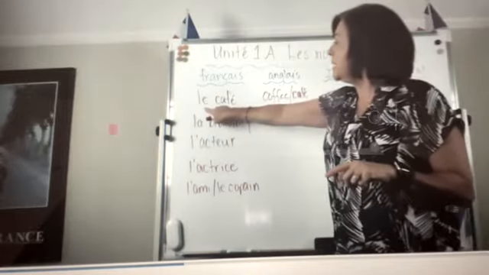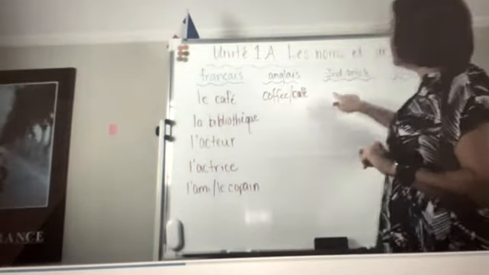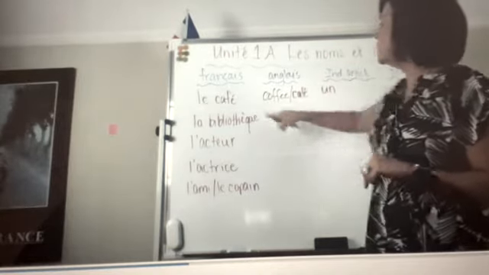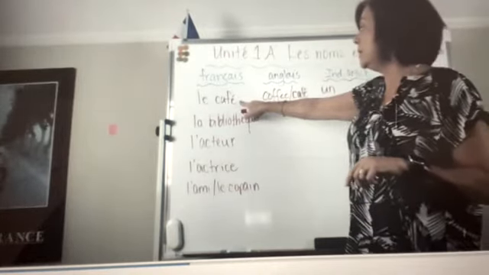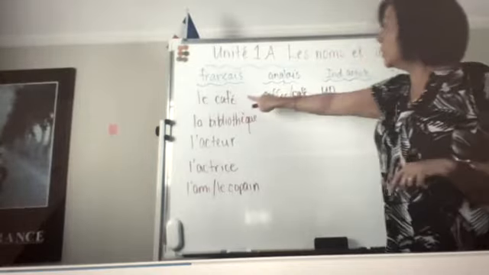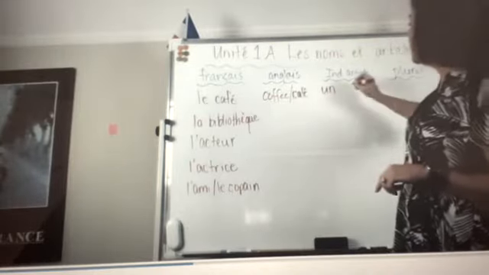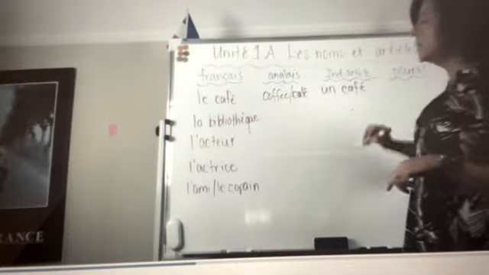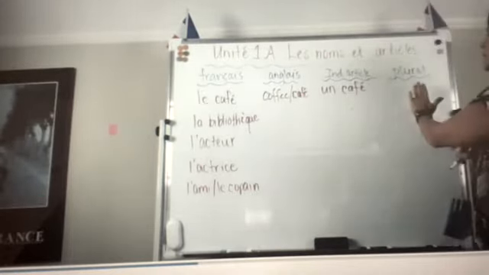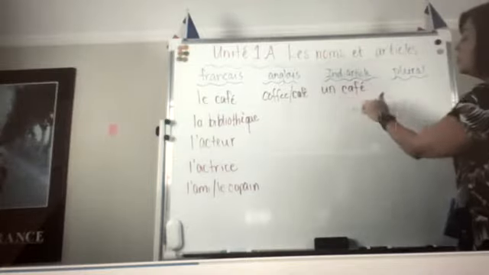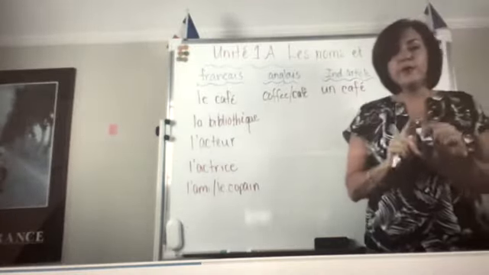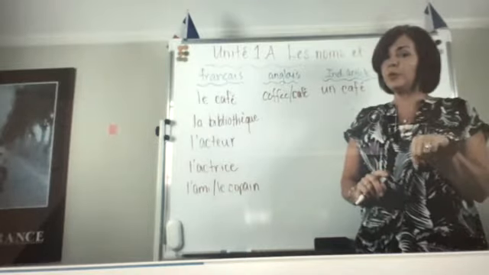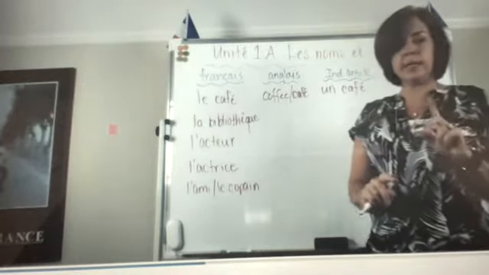So I know that it's masculine. I have le there. So I'm going to take this and I'm now going to use an indefinite instead of a definite. Here is the cafe, the coffee or the cafe, and I'm going to say a café. So un café. And then for plural, I know that most of my nouns in French, when they become plural, I add an S. If my word ends in an S, don't add anything.